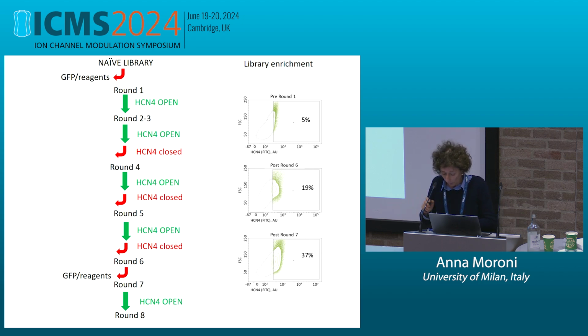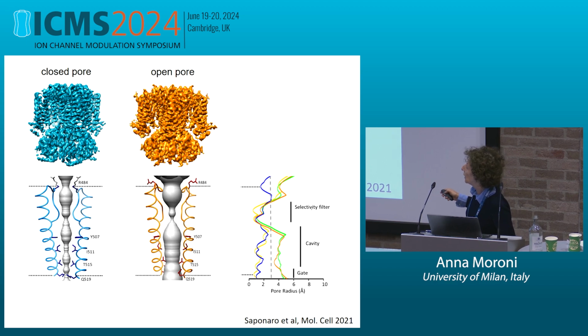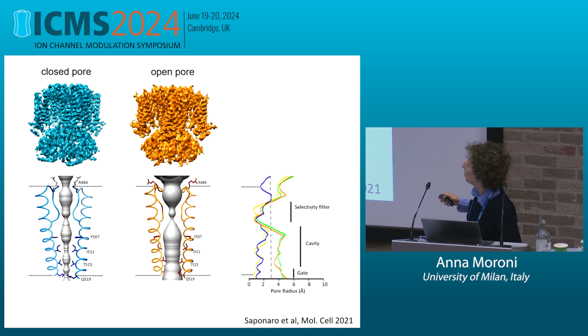So we used this screening of alternating enrichment and depletion because we are able to purify the HCN4 protein in two states, with the closed and the open pore. And when we saw the structure, we realized that not only at the pore level there are differences between the closed and the open state at the expected site, which is the bundle crossing.